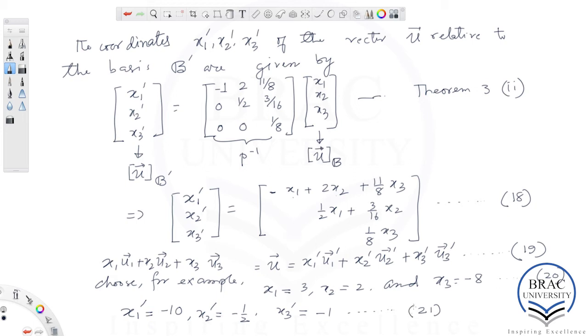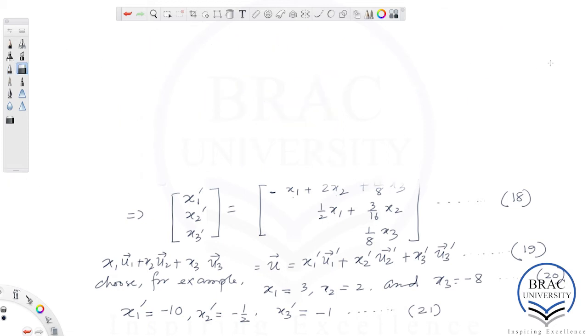Okay, I need a bit of space. Okay, since u1, u2, u3 equal to B is the standard basis of F3.